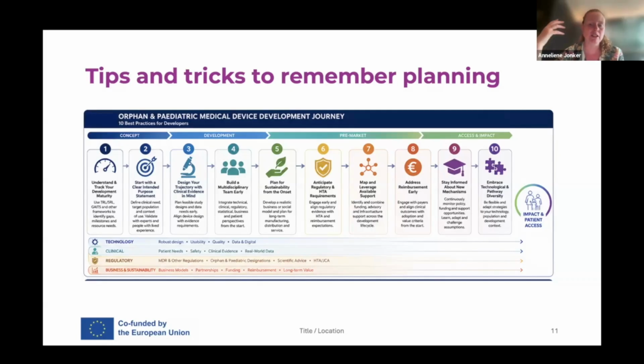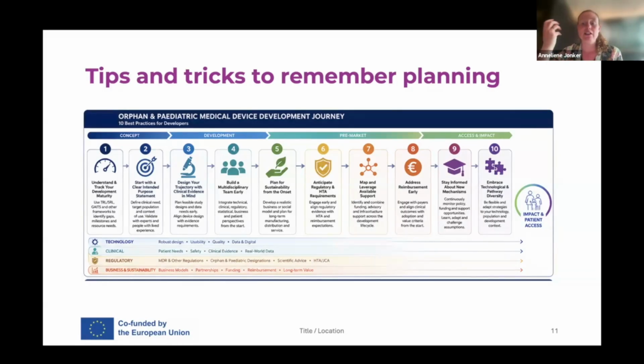The same is true to anticipate regulatory and HTA requirements from the very early phases, before even starting the clinical development. Map and leverage available support is probably my biggest tip or trick throughout this procedure. There are many different tools, incentives, and ideas out there that can help, and make sure that you absolutely base yourself upon those and bring them together. And then also address reimbursement early on by aligning and engaging with payers and aligning clinical outcomes with the adoption value criteria from the start.